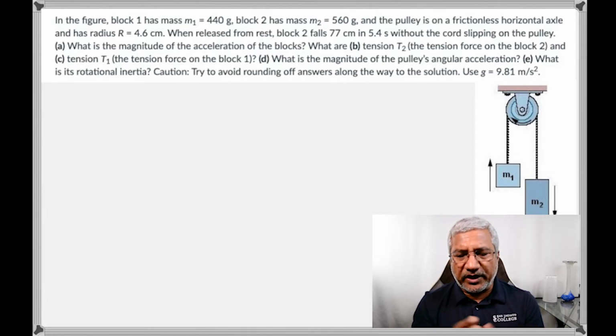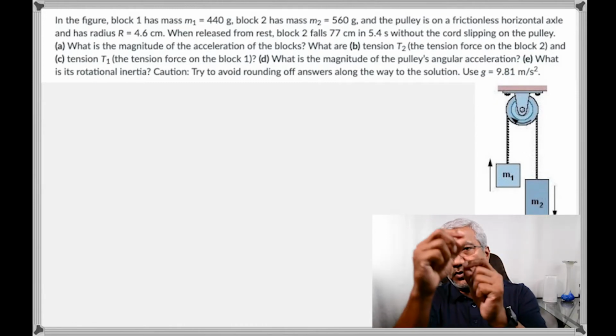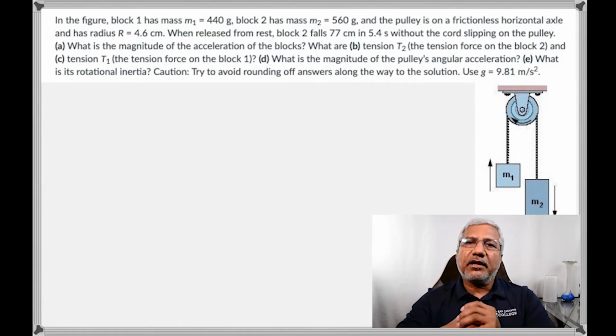Once again, we're given the two masses. The pulley is frictionless again, thankfully. The radius of the pulley is given, and it says when released from rest, the second block falls 77 centimeters in 5.4 seconds without the cord slipping on the pulley. So the cord is just moving along, it's not slipping. From that, we have to find the acceleration of the blocks.